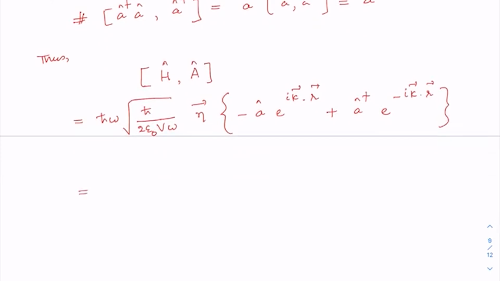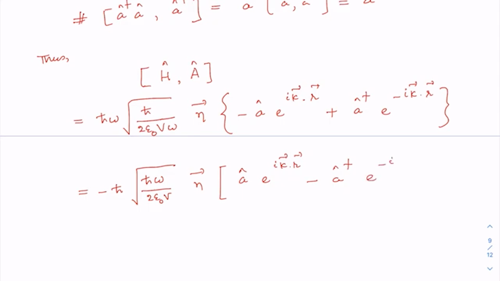Then I can write it as minus ħω, let me take it inside, ħω over 2ε₀V under root, η vector, times a e^(i k·r) minus a† e^(−i k·r). So this is what I have.